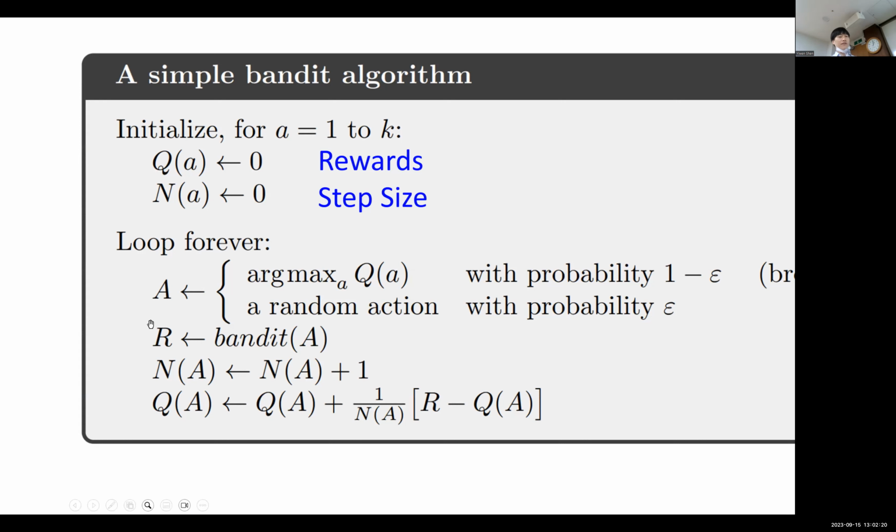Then it returns a reward generated by the action, from each machine. Then we increase the step count N(A) by 1, because at this moment we have already selected an action and received the reward.